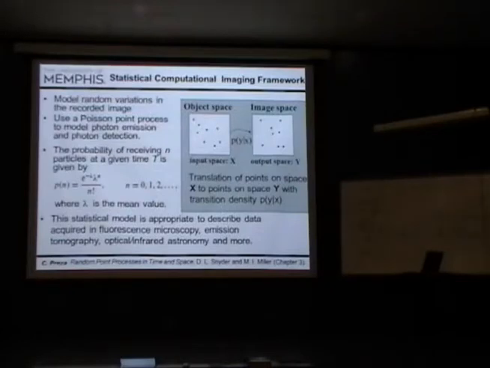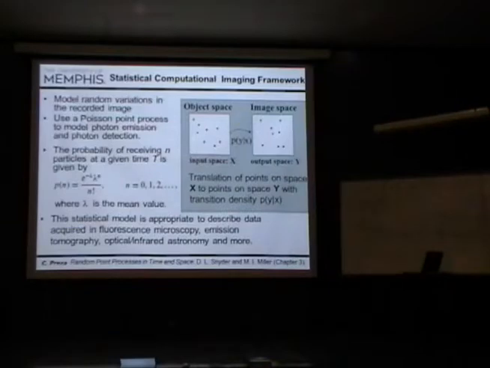And the idea is that we are going to model with a probability distribution the number of photons and/or particles that are being received at the detector at some given time, right? And there is this Poisson distribution that tells us what the probability of receiving n is, and it goes according to this equation, where lambda is the expected value or the mean of the Poisson distribution.